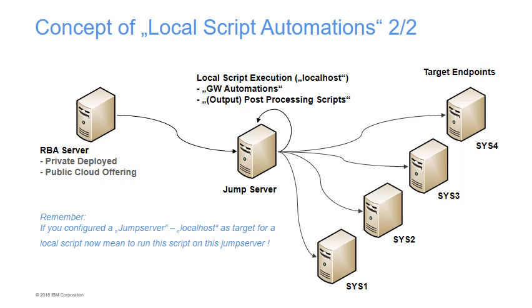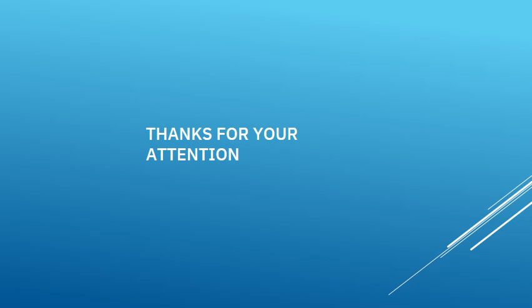That's important to know. So this setup is also the only setup you can use as jump server for local script executions when you run RBA as public cloud offering, because there you do not have a local server, no local RBA server to run local automations.